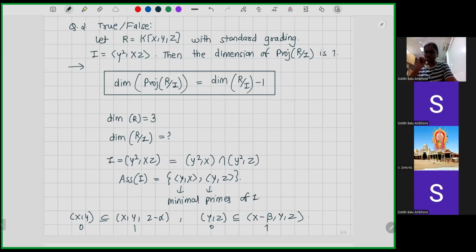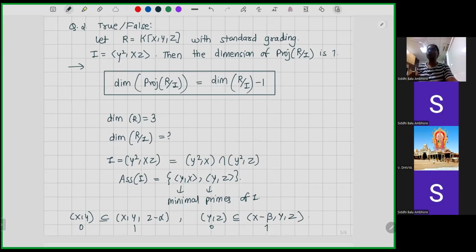And (x, y) are homogeneous ideals, so they are still minimal prime ideals of R/I when I look at them in Proj of R/I. And the only maximal ideal which is bigger than (x, y) is (x, y, z), which is again the maximal ideal generated by variables, but we don't consider that ideal when we find the Proj.